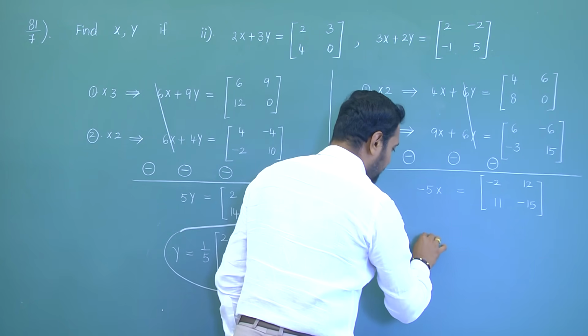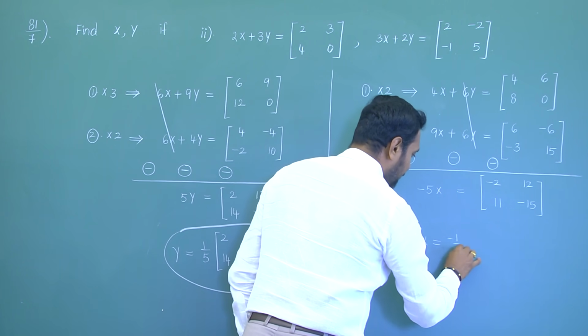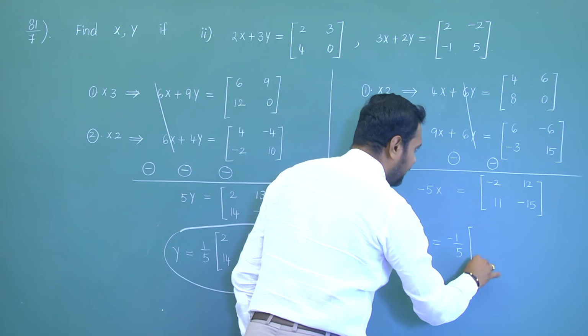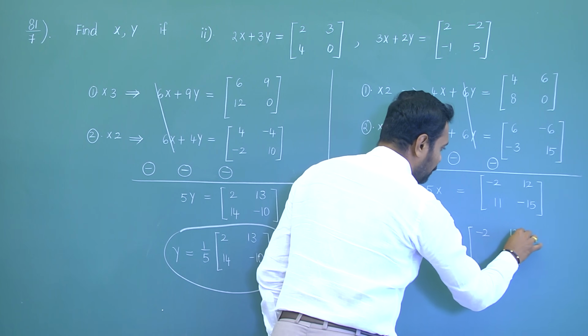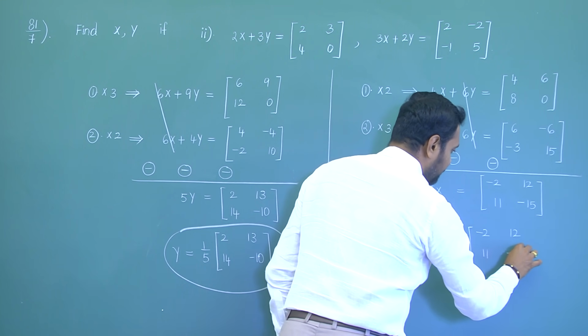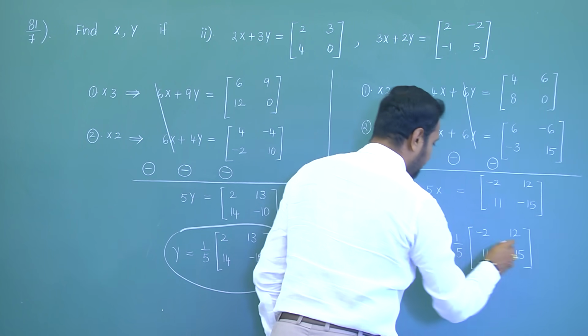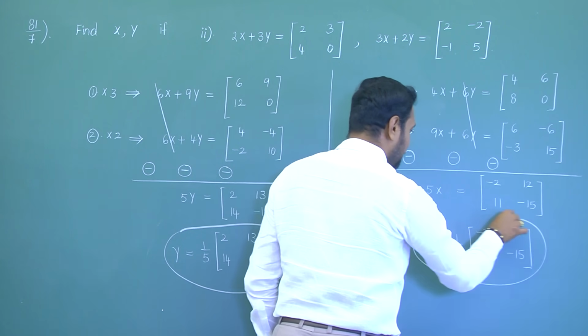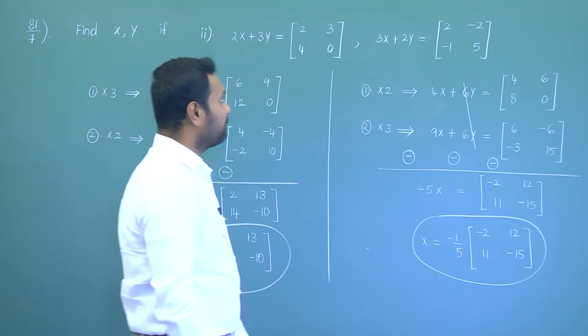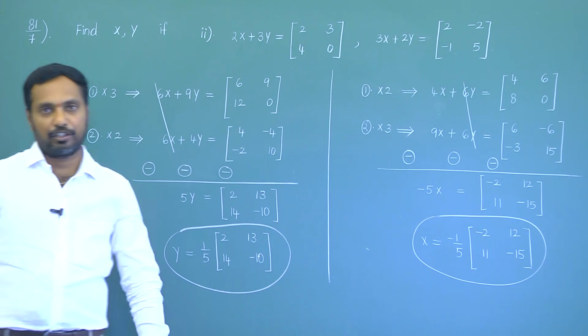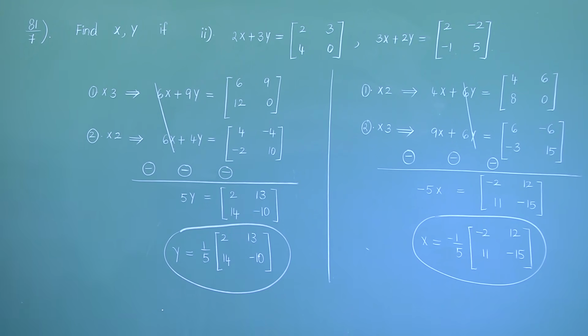So capital X becomes minus 1 by 5 into the matrix minus 2, 12, 11, minus 15. This is the matrix for capital X we will get by solving these two matrix equations.